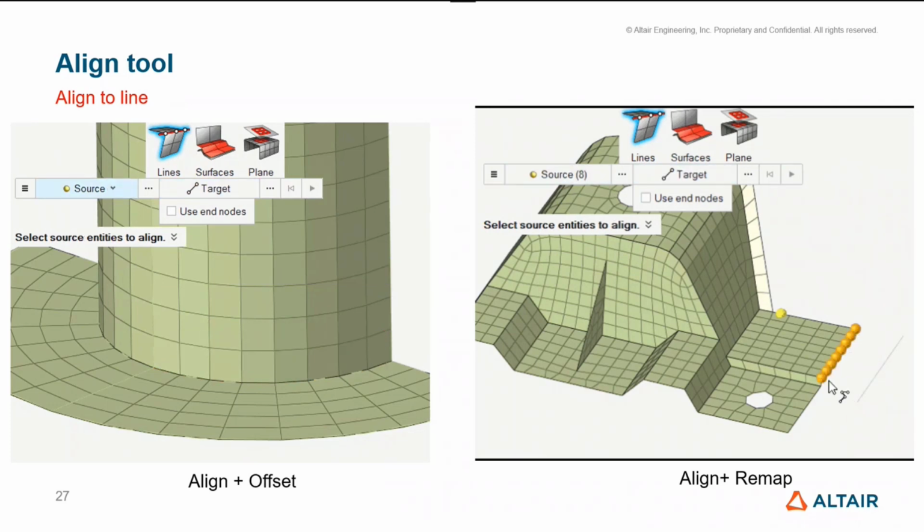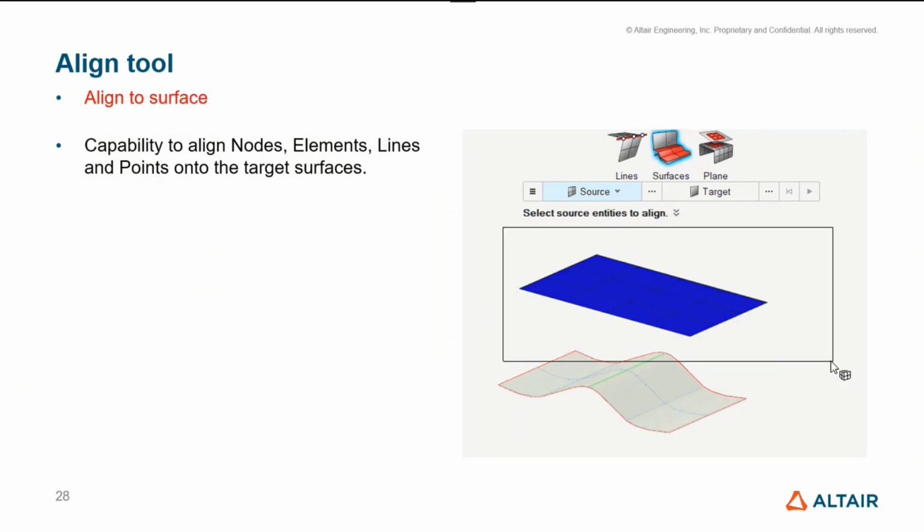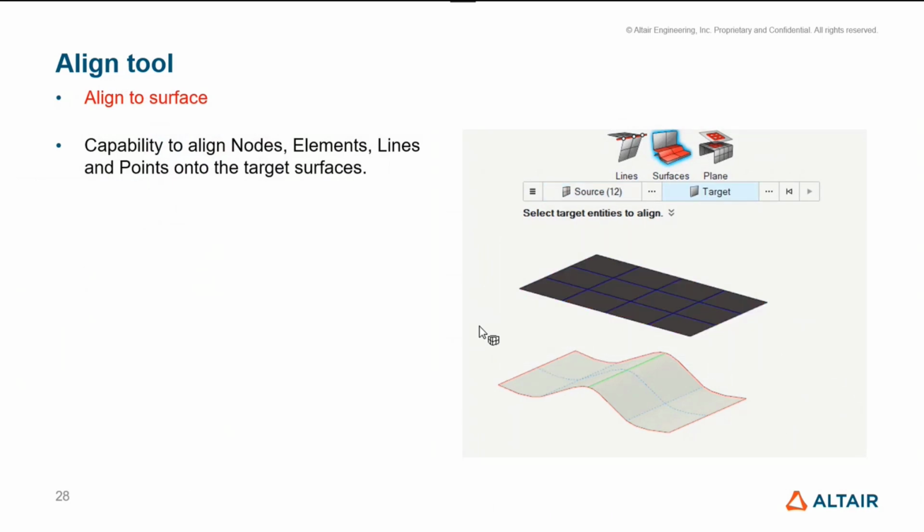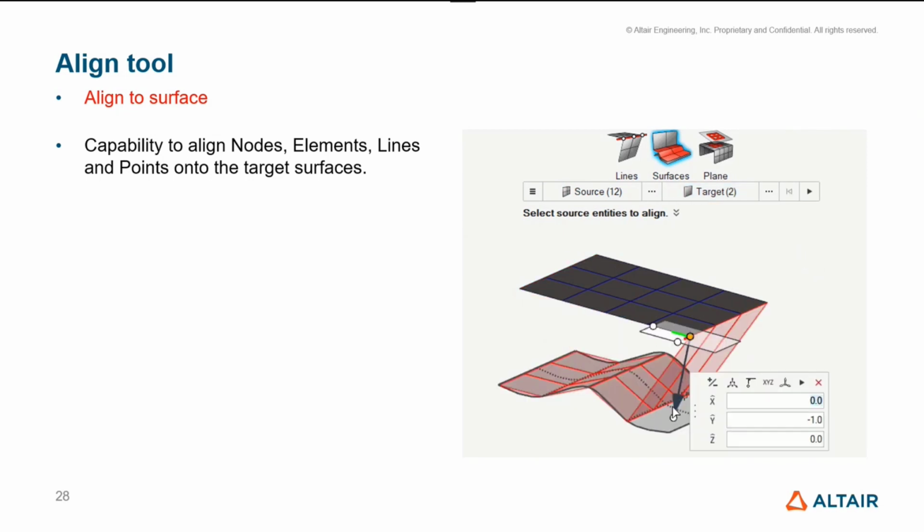So moving to the next one. These above use cases are all about align to line between reference nodes, remap, project, and all of that.